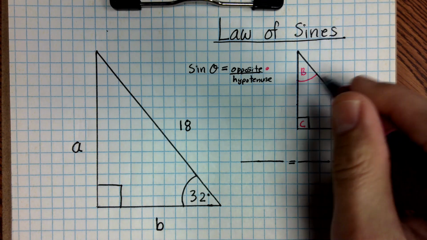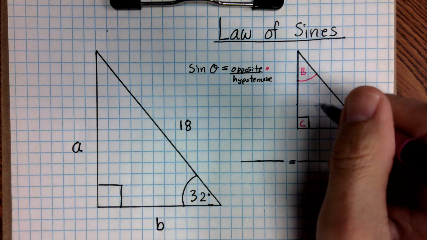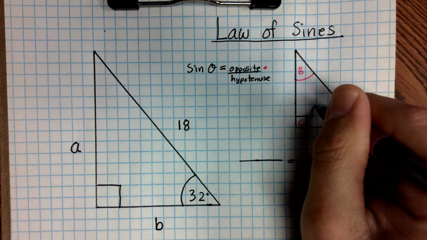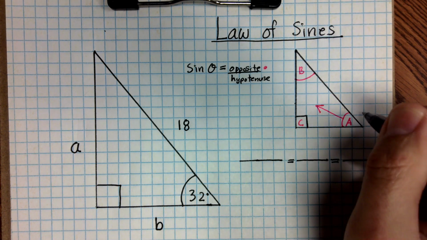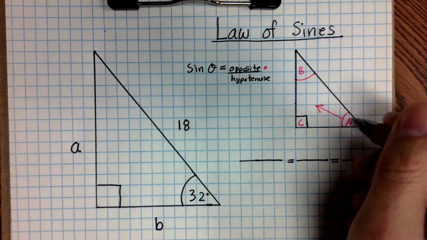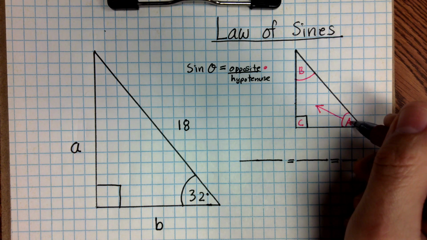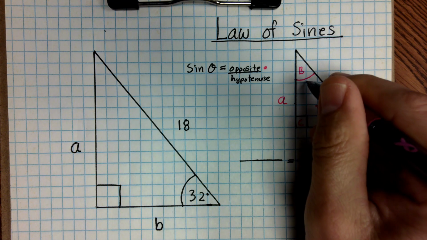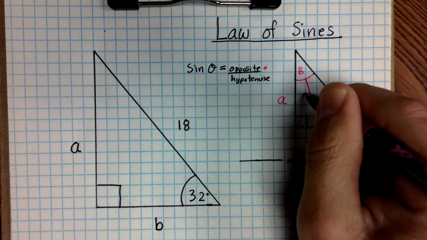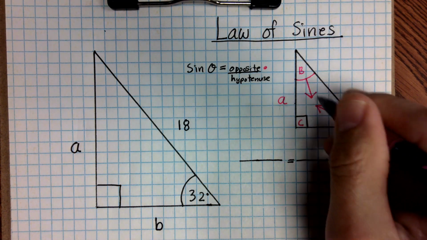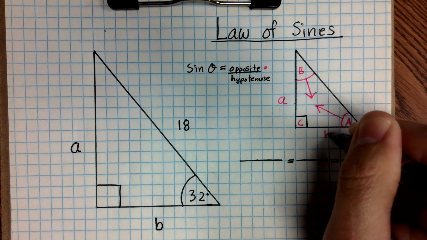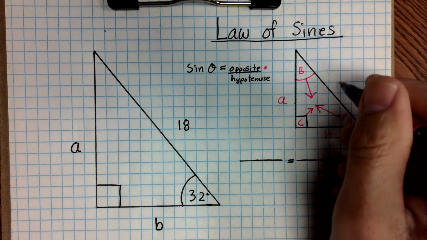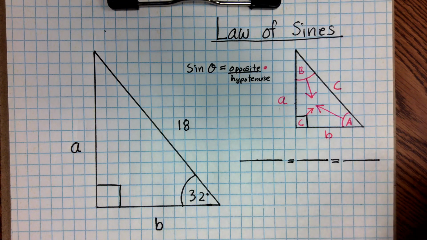If I go over here to this right triangle where I'm showing my notes, if I look at A, the side of the triangle that has a relationship with A using sine is the side that's opposite the angle of A. So the opposite of A is side A of the triangle. Opposite B, and notice I'm just drawing arrows from the angle showing the opposite side, is this bottom leg of the triangle. And opposite C is the hypotenuse, this side of the triangle.